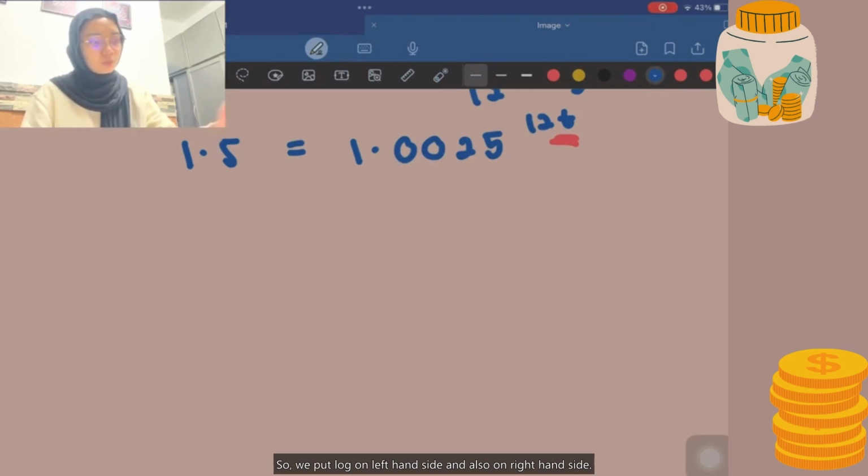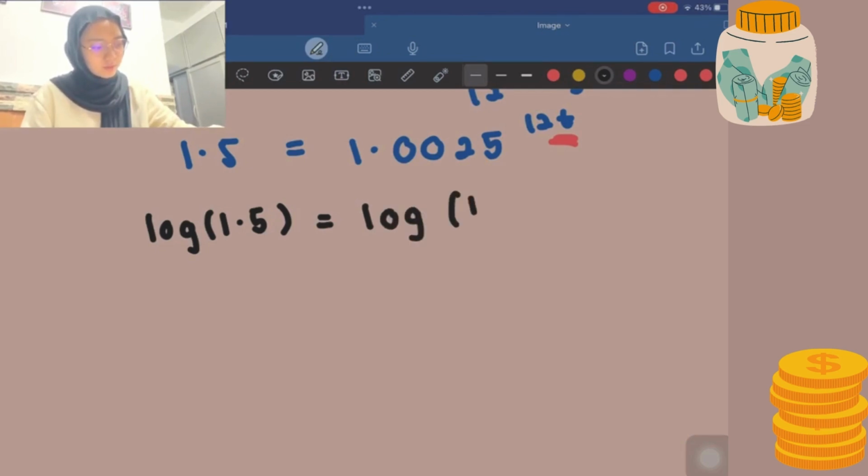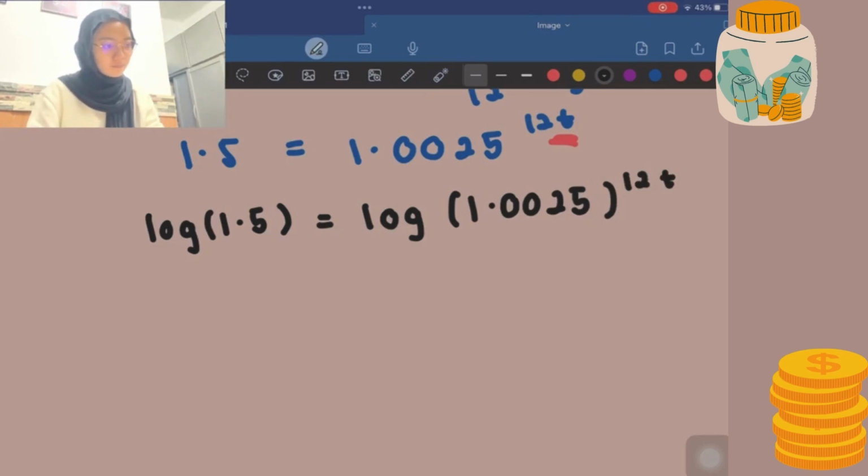So we put log on the left hand side, and also on the right hand side. And then we're going to rearrange the right hand side.